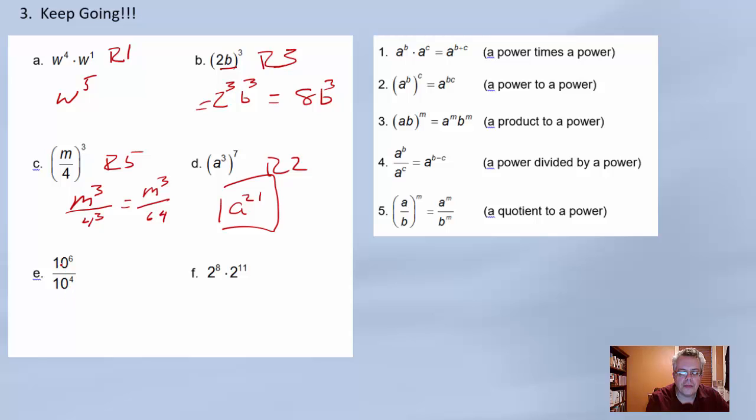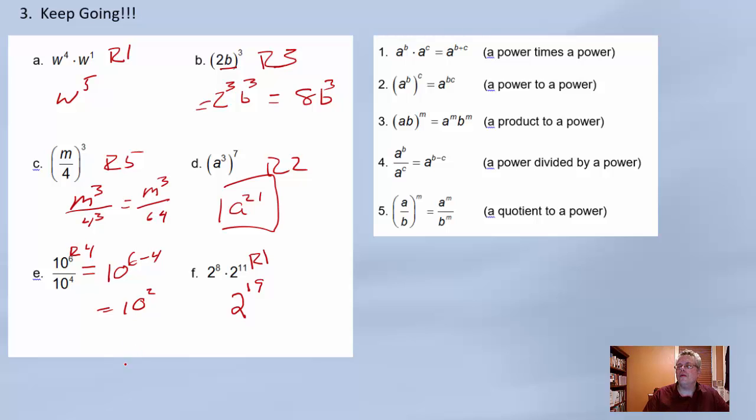It's both numerator and denominator. The base is 10. So we're dividing powers. So we just subtract the exponents. 10 to the 6 minus 4 would be 10 squared. Last one. Power of 2 times the power of 2. That's rule 1. So it will be 2 raised to what we get when we add the exponents, 19.